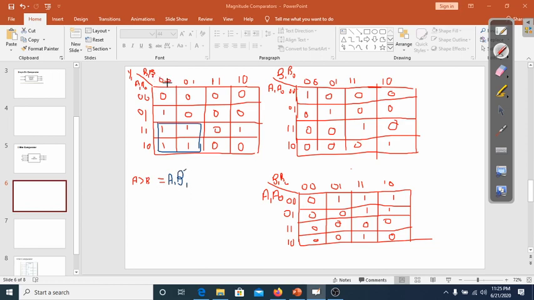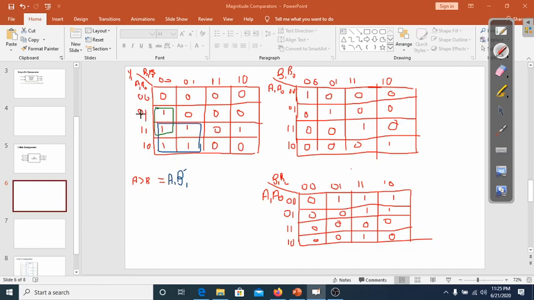So here this is B naught, B1 is 0. Next, these two boxes are adjacent.